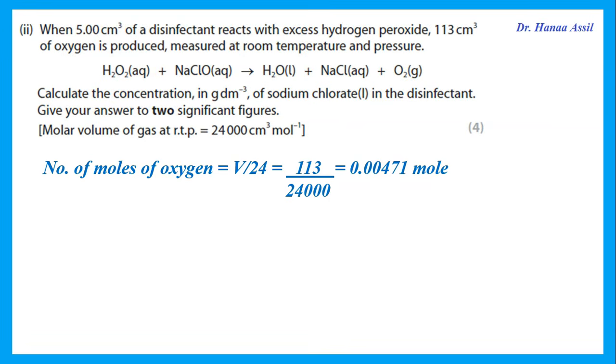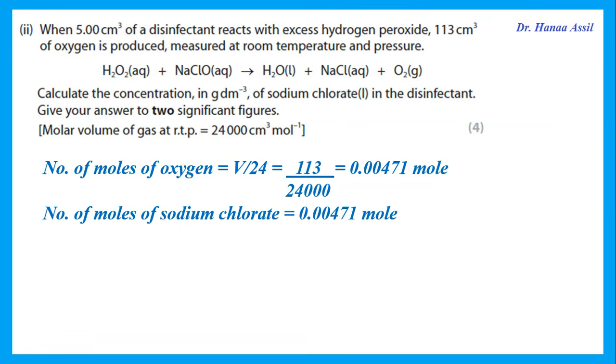Remember that the volume of oxygen is in centimeter cubed, so we have to divide by 1,000. Then from the equation, where is oxygen and where is NaClO? The equation says that 1 mole of oxygen is produced from 1 mole of NaClO, so the number of moles of sodium chlorate is the same as that of oxygen.